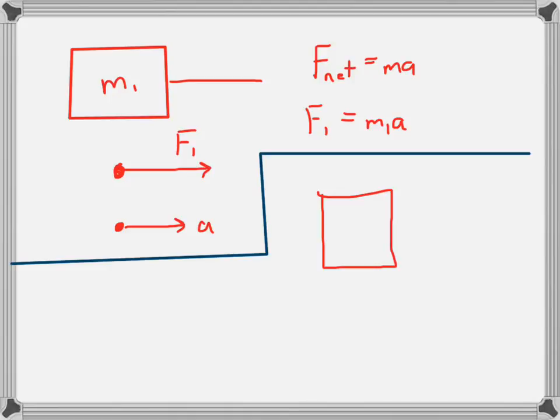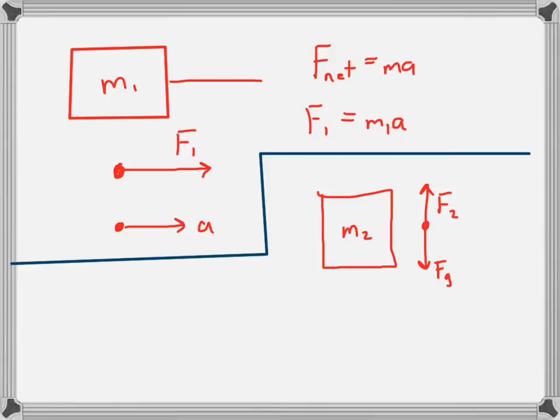So let's now consider the other block, M2. It has a gravitational force pointing down, and it has a tension force pointing up. But unlike what we've been used to, this tension force is actually going to be different than the tension force I had in the box on the table.